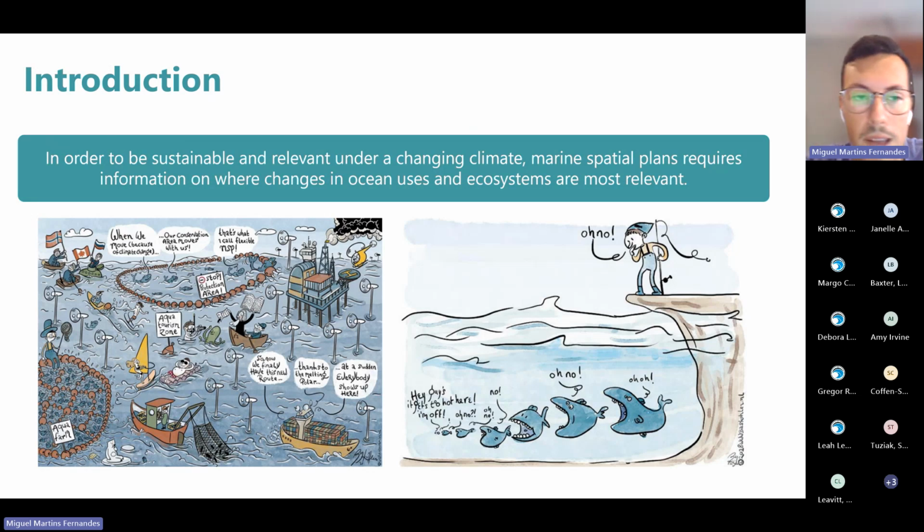So these types of public processes are meant to be flexible and adaptive. But to do so and to be sustainable under a changing climate, they need information on where changes in ocean uses and ecosystems are most relevant. So risk assessments and vulnerability assessments can help us in doing so.